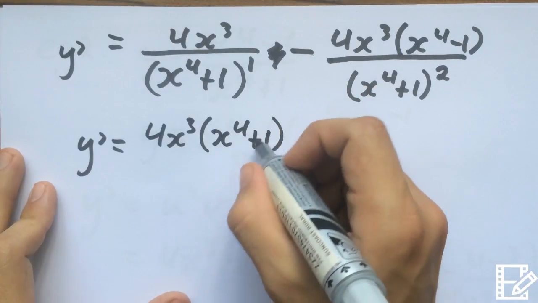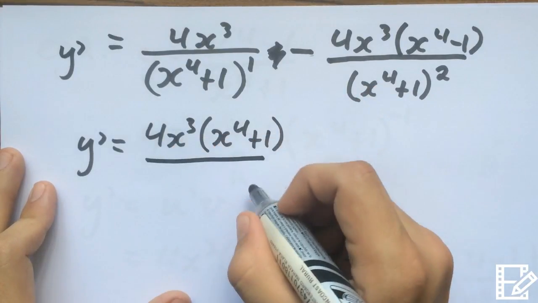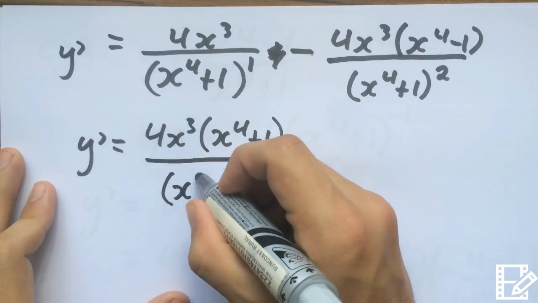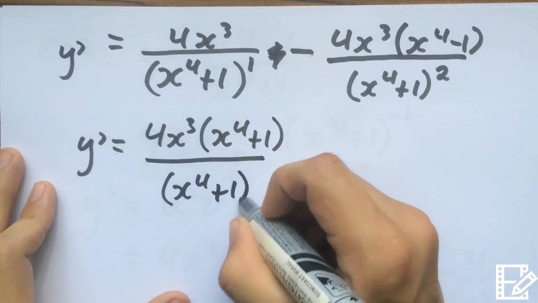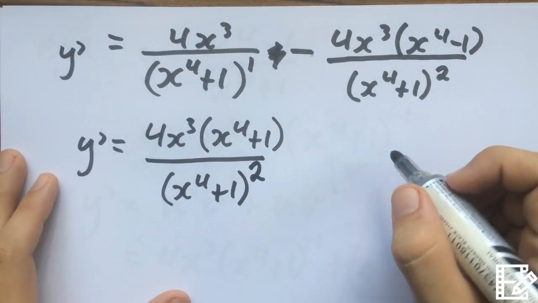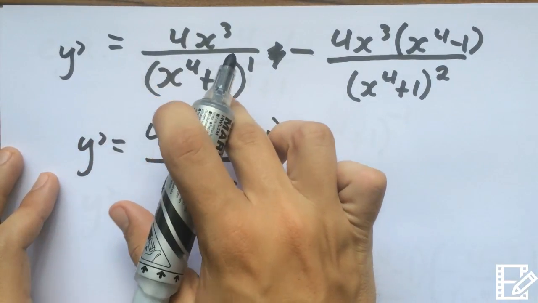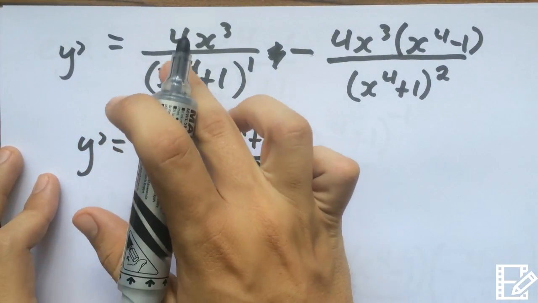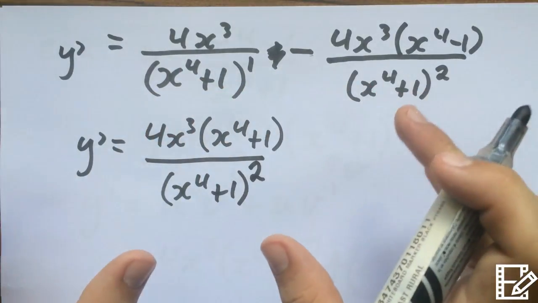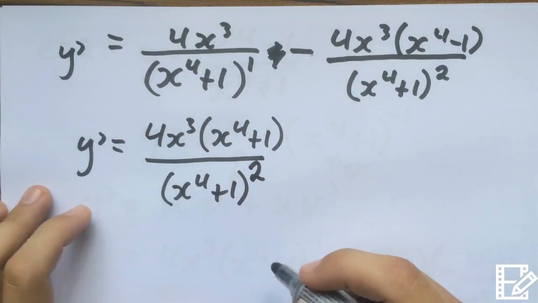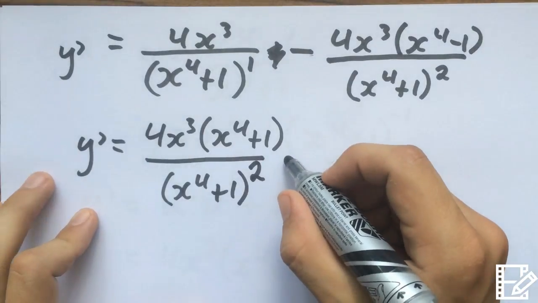We've multiplied the top by this, and now we're going to multiply the bottom. x to the power of 4 plus 1 squared. I only did this because if I'm multiplying x to the power of 4 plus 1 by x to the power of 4 plus 1, they're the same, so it's squared. You can write it as being squared.